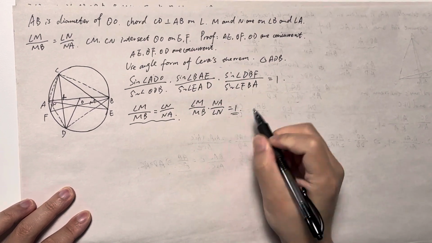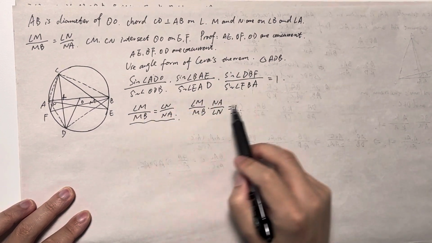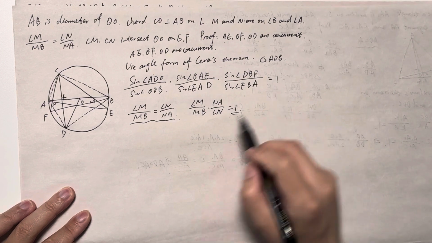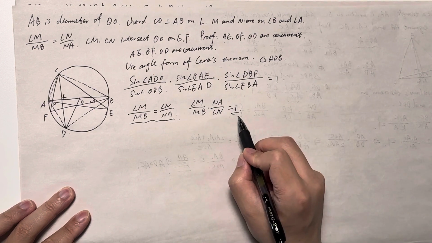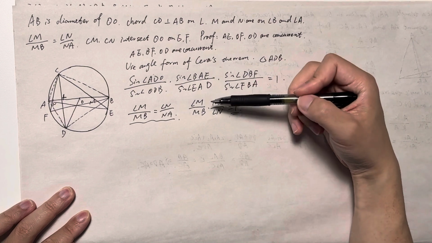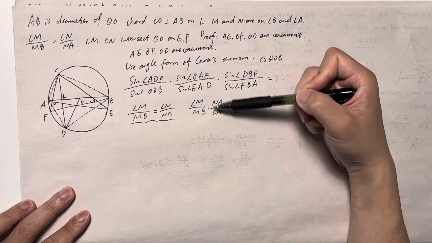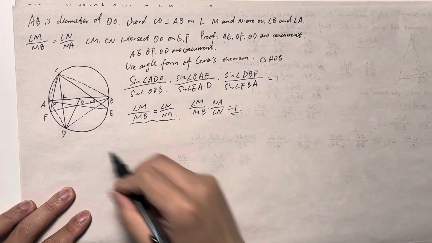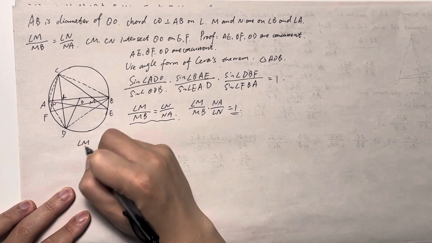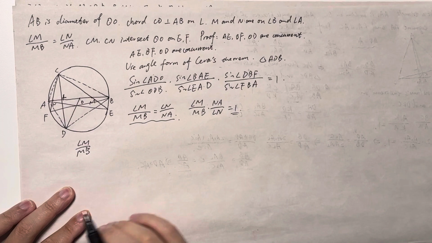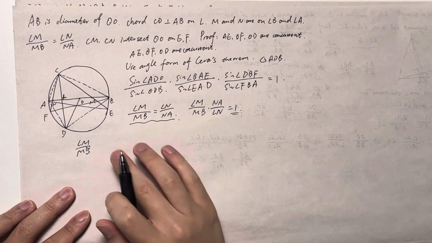Right? This is a good sign because we want to prove that some product is 1, and we have a product that is 1. So we just want to find a way to show the equality of these two equations. Let's rewrite LM divided by MB in angle form.